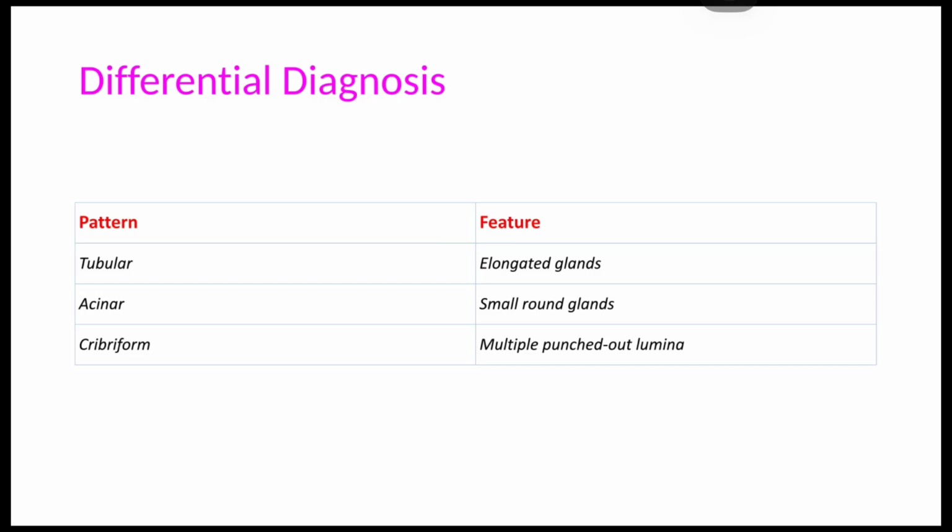Now for differential diagnosis: tubular, which we are learning in the next slide, has elongated glands; acinar pattern has small round glands; and cribriform pattern, again discussed in the next slides, has multiple punched out lumina.